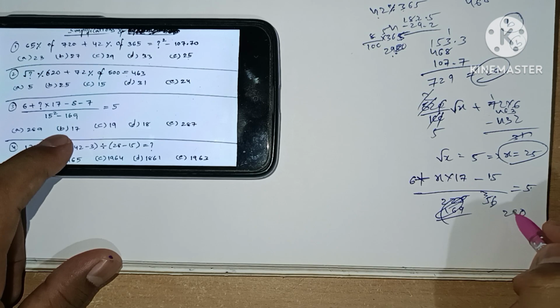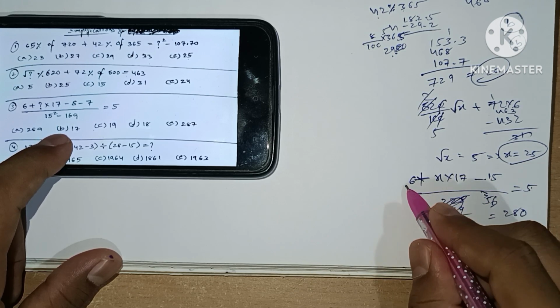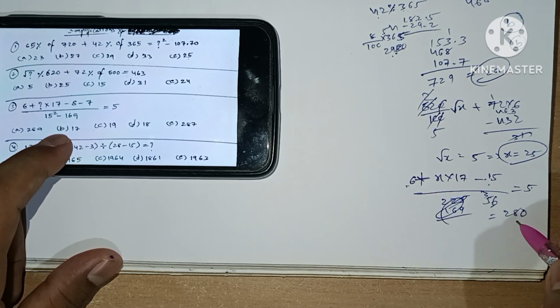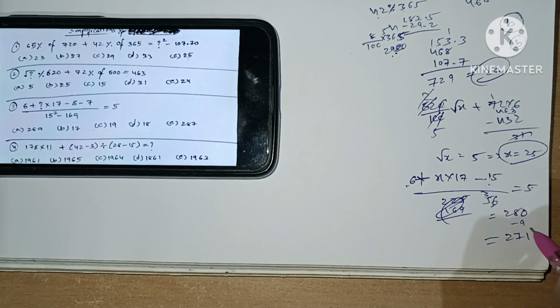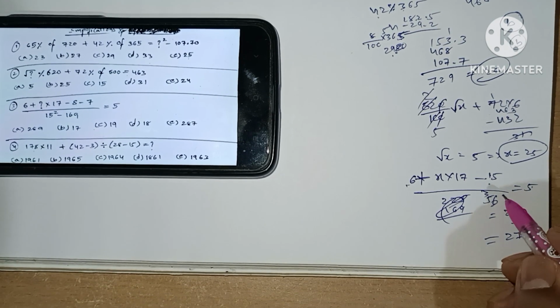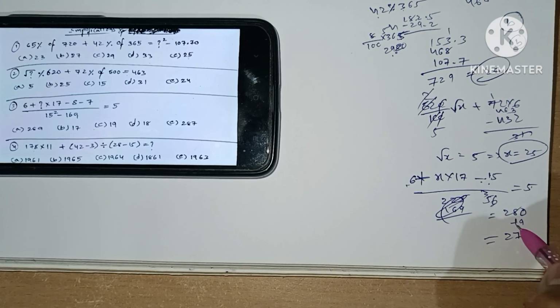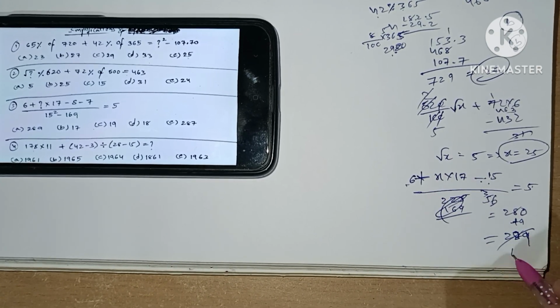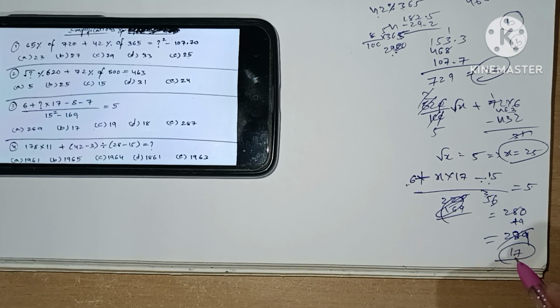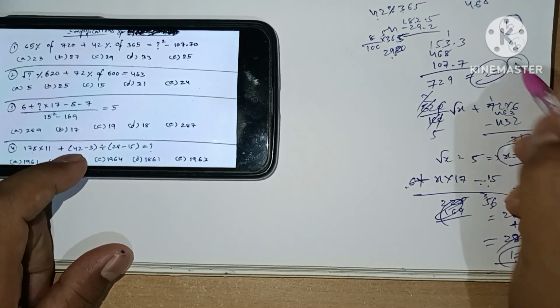This will be minus 9 comes here, 271. Wait a second, this is minus 9 here, so it will be plus 9 here, 289. 17 times 17 is 289, so the answer will be 17, option B is the answer.